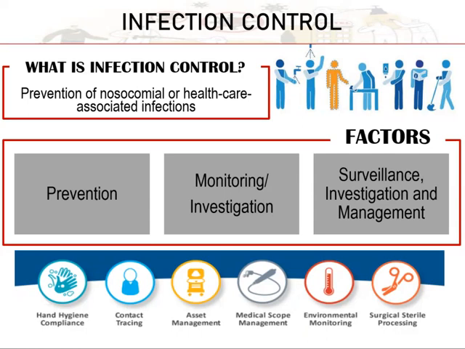Among these three factors, the most important to be strengthened is prevention. Because if prevention is strengthened, there is no need to monitor, no need to conduct surveillance, no need to conduct contact tracing. It's because at the very beginning, the infection is already controlled.